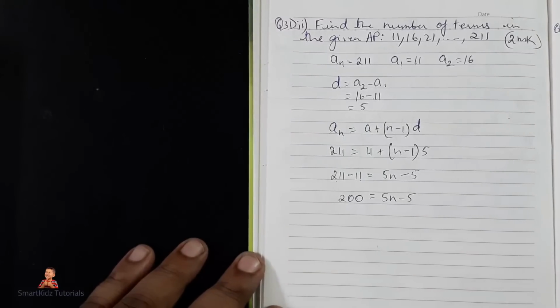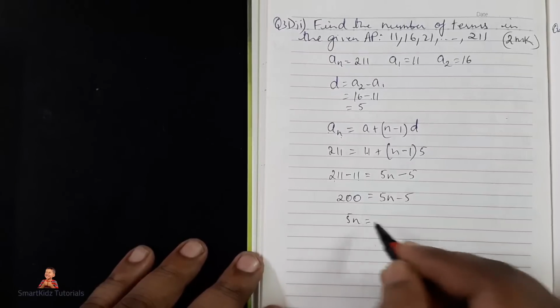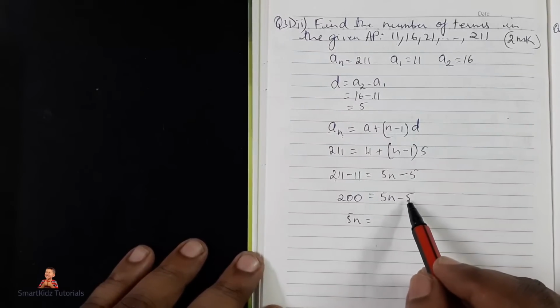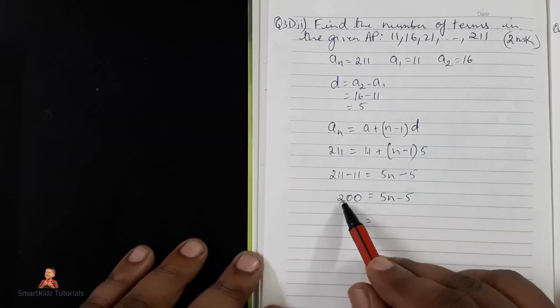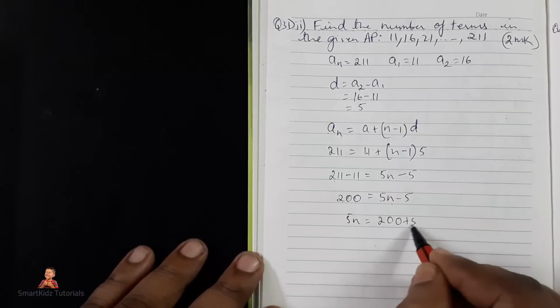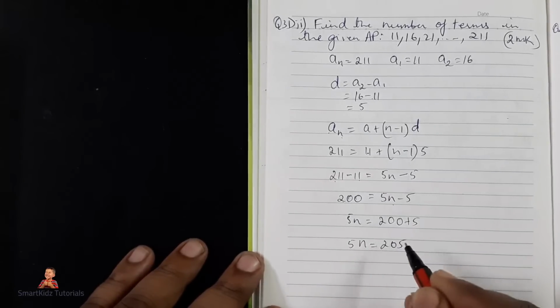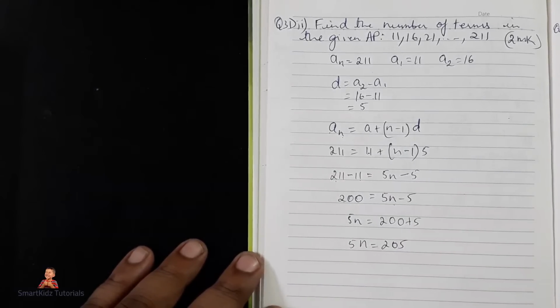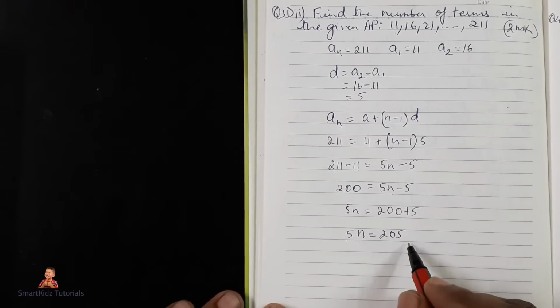Now I'll rearrange it such that 5N is on the left hand side. I'm keeping 5N the way it is and just taking minus 5 to the other side, so that will become positive. So 5N equals 205. When we bring 5 to the other side, it becomes division.